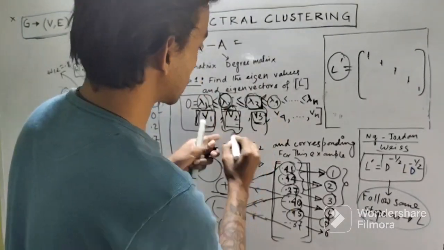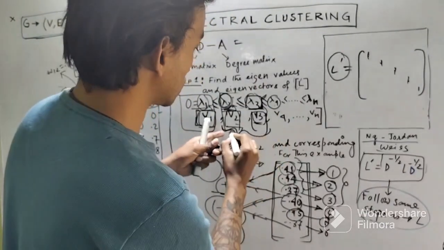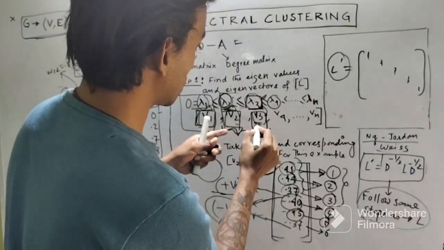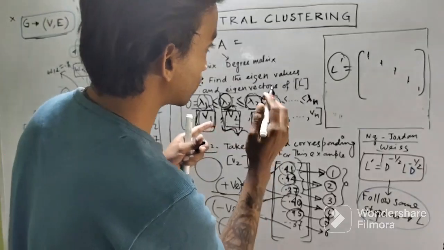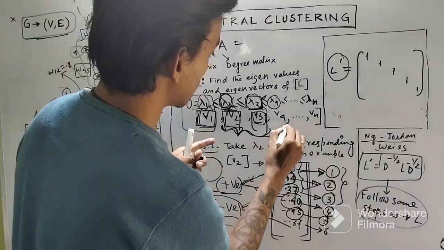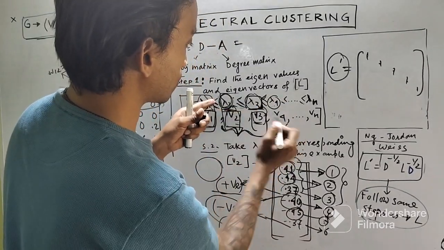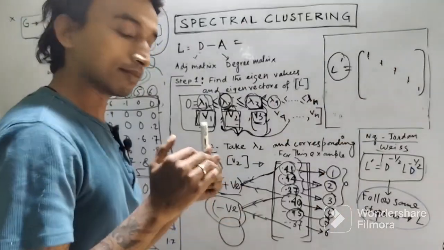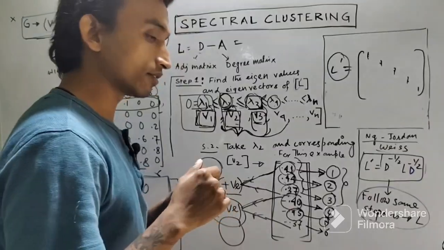If you want 3 clusters, then you operate on lambda 2 v2 and lambda 3 v3. If you want 4 clusters, then you have to go up to v4, like that. Okay, so I think this is pretty easy to understand for you.